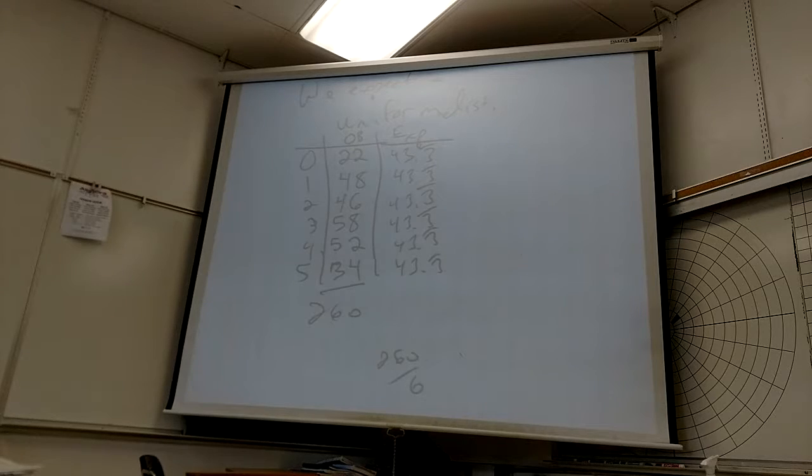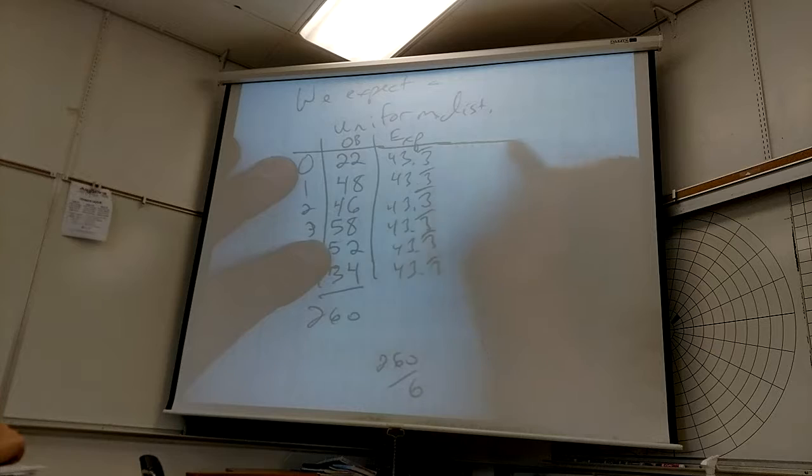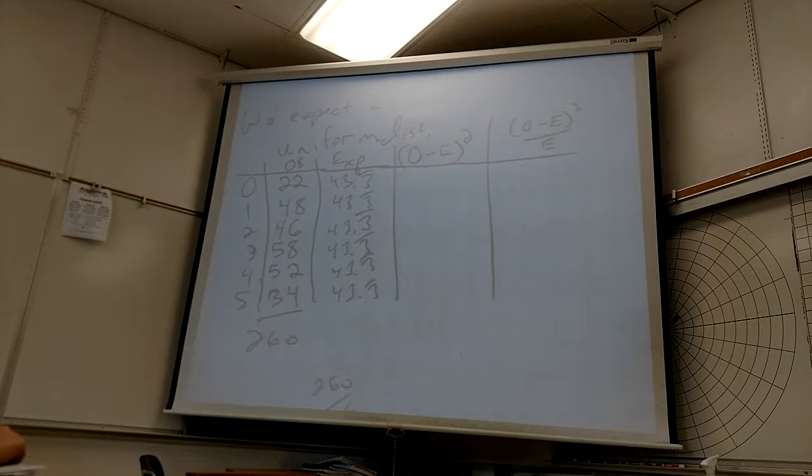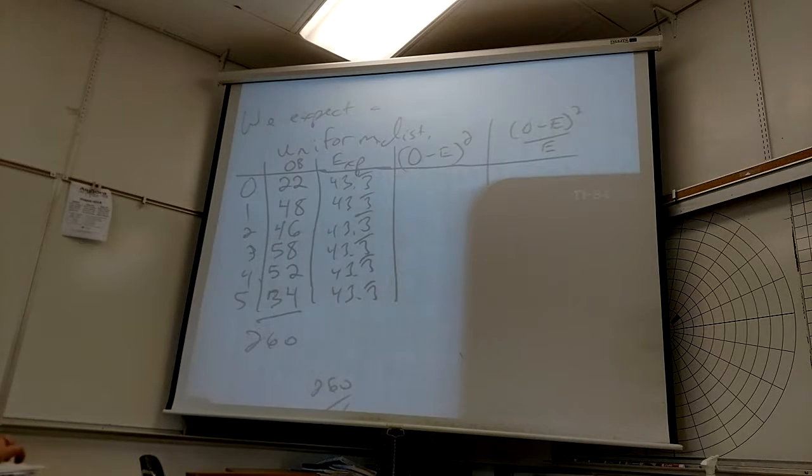So now, like we just did, I can do observed minus expected squared, and then observed minus expected squared divided by expected. Do it in the calculator if you want to. I'd say that's a good idea.